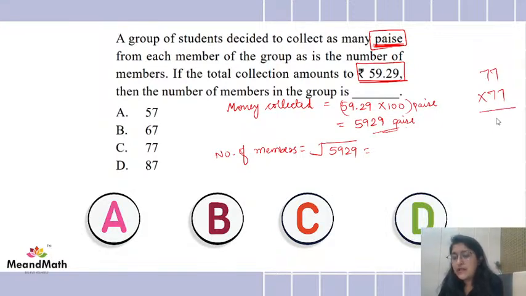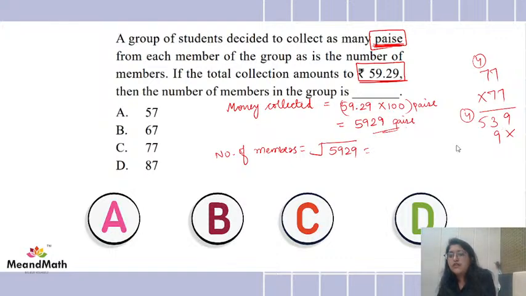So when we multiply 77 times 77, what will you get? 7 7 is 49. 49 plus 4, 53. Again 49. 49 plus 4, 53.